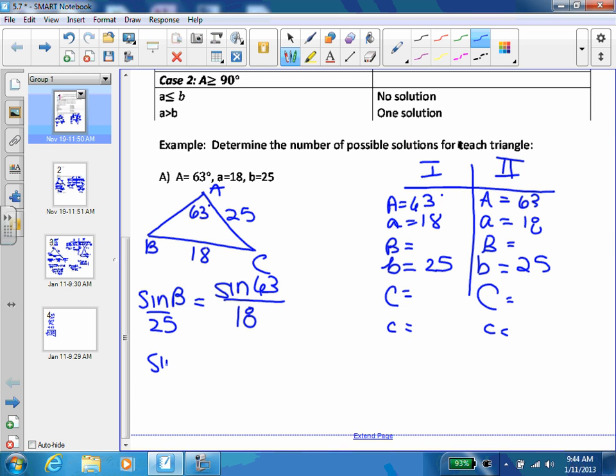So what do you get the sine of B to equal? Answer, what does the sine of B equal? Okay. So my question, I want you to look at me so I know that you're paying attention.